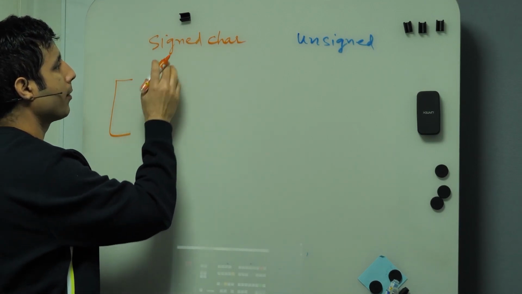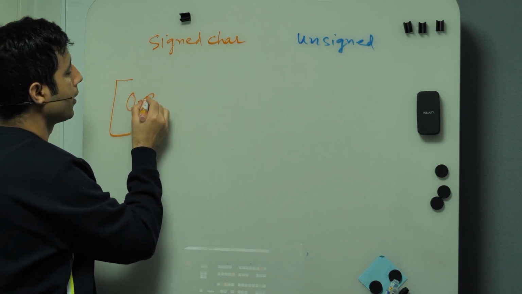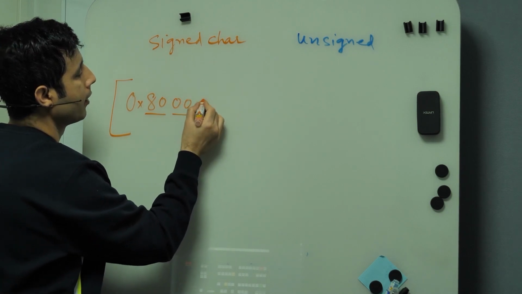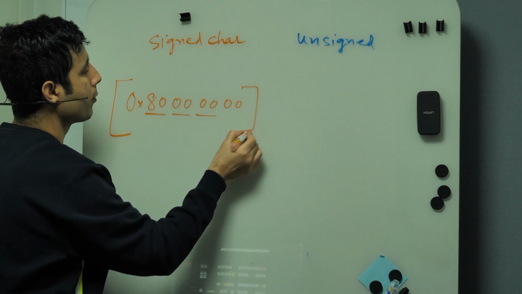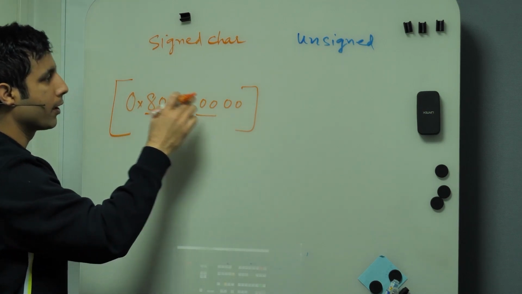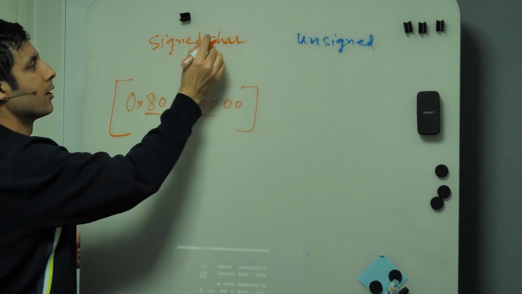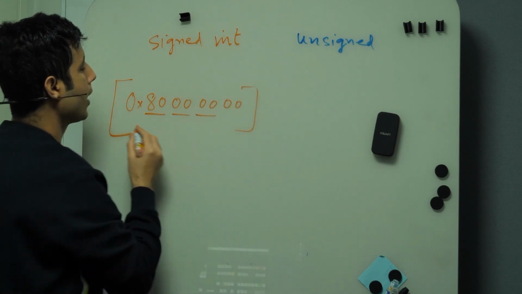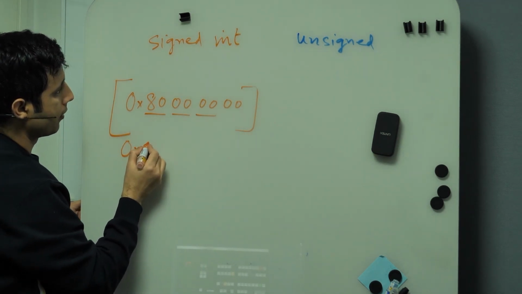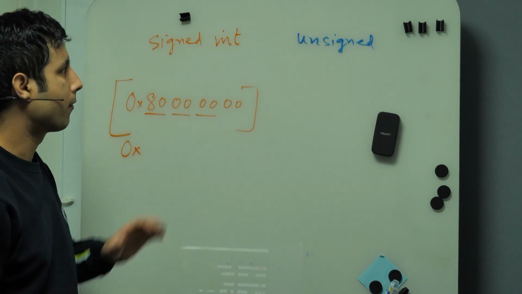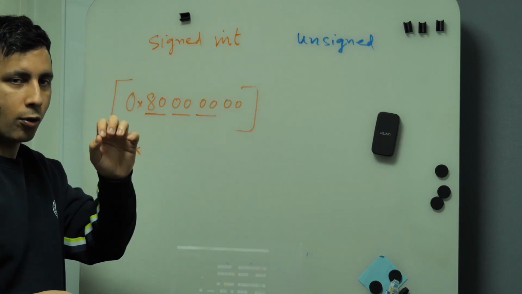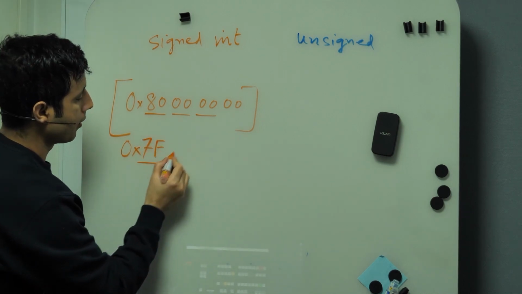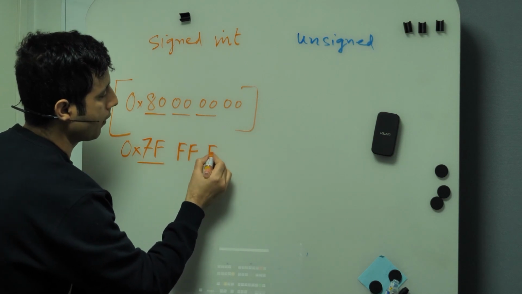So this would be 8 0 0 0 0 0 0 0, the 1st byte, 2nd byte, 3rd byte, and 4th byte. This would be the lowest number, for a 4-byte signed integer. And the highest one would be, so the most significant bit for a signed integer, if we keep it 0 and the rest of them ones, it would be 7 F F F F F F F.